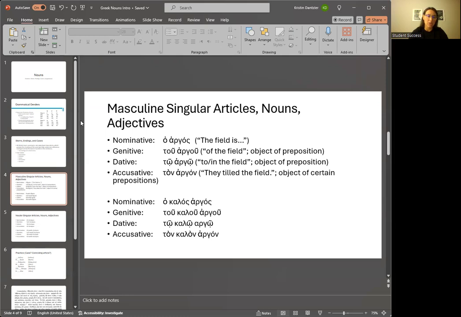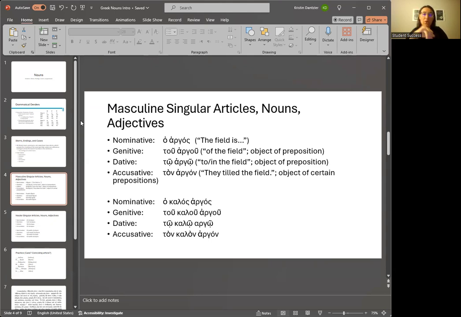So for the word argos, which is field, that's your base form. Basically, when you look up a word in the lexicon, you will find the nominative singular form of that noun every time. So you look up Argos in the back, that's what you're going to find. Now, if you look up the genitive, argu, it depends on the lexicon. You may not find it.